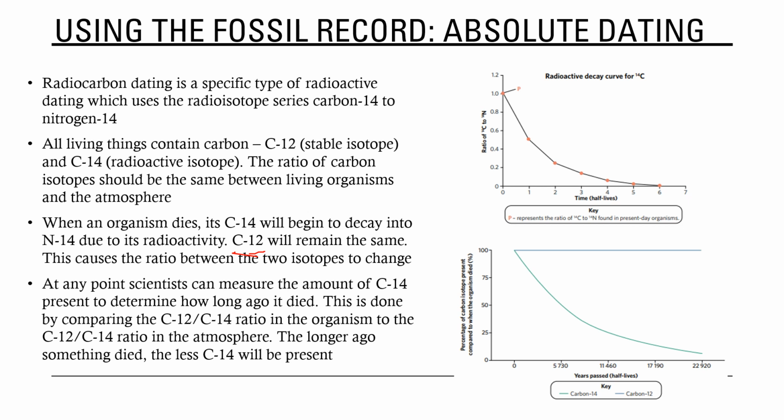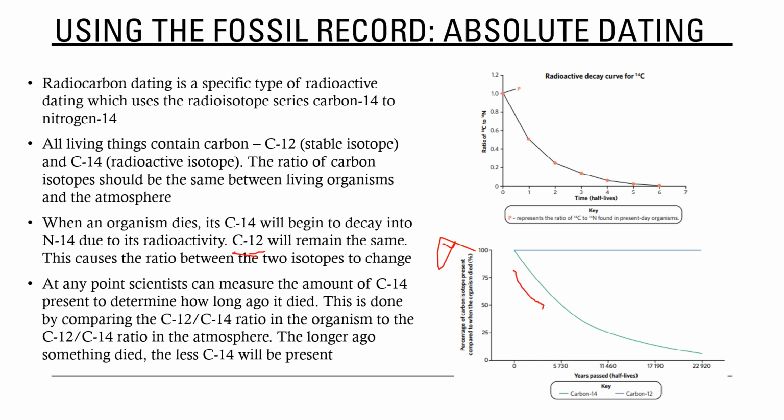You can see that in this bottom graph here. The blue line represents carbon-12, and you can see in this dead organism that remains consistent. Then you can see in the green, that is our carbon-14.